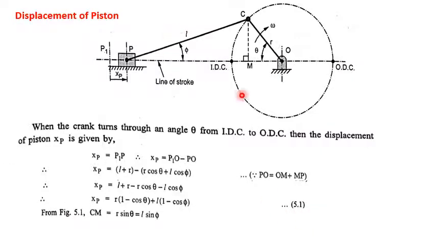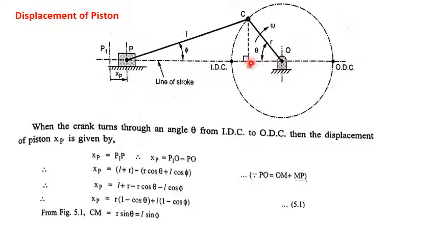Now in this figure, CM represents what? It is a common line for two triangles, right? For the triangle CMO, CM is the opposite side, and for the triangle CPM, CM is also the opposite line. So for both triangles, this is the common line.